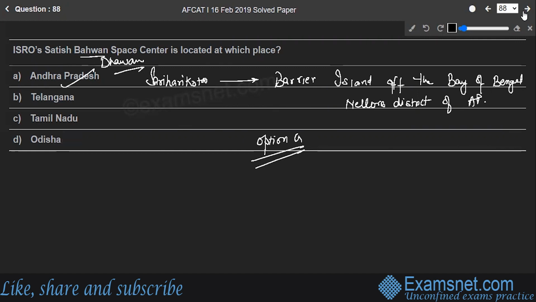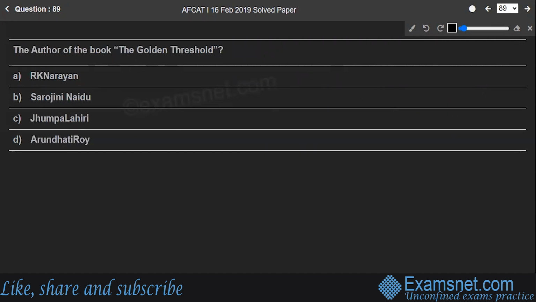Let's move to the next question, number 89. The author of the book The Golden Threshold, is it R.K. Narayan, Sarojini Naidu, Jhumpa Lahiri, or Arundhati Roy? Well, the answer to the question is option B, Sarojini Naidu. The Golden Threshold, written in 1905, was a work of Sarojini Naidu, better known as the Nightingale of India.